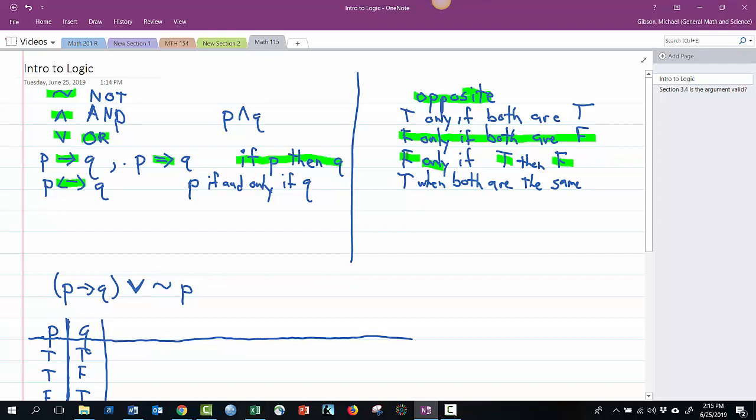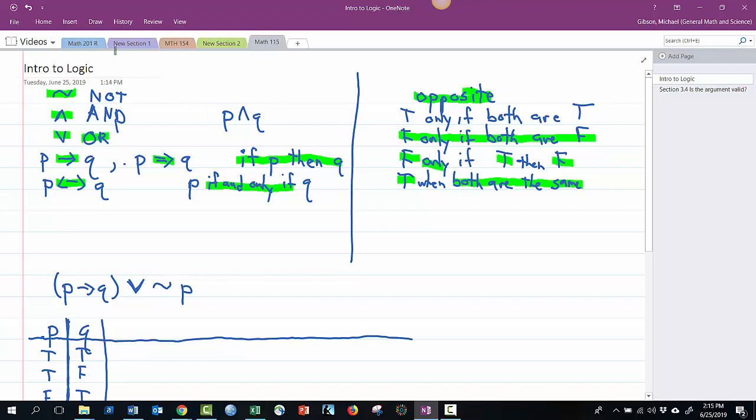So an if-then is only false if it's true followed by false. And then the last is the arrow pointing in both directions. We call that if and only if. This one is true when both are the same. So it's true if they're both true, it's true if they're both false. And if they're not the same, then it's false.